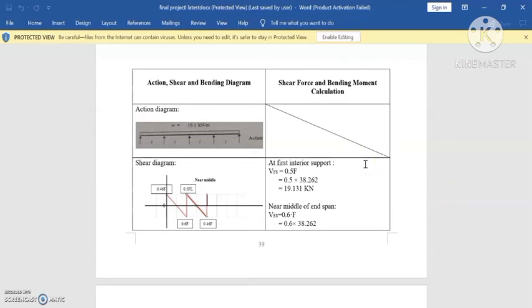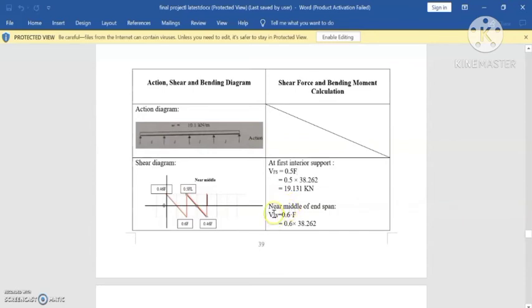They give the formula so that if we want to calculate the shear force, we must do 4 steps. One is at the first internal support, we need to know how much the force is. At the first support, 0.5F means here, the first span, first internal support.